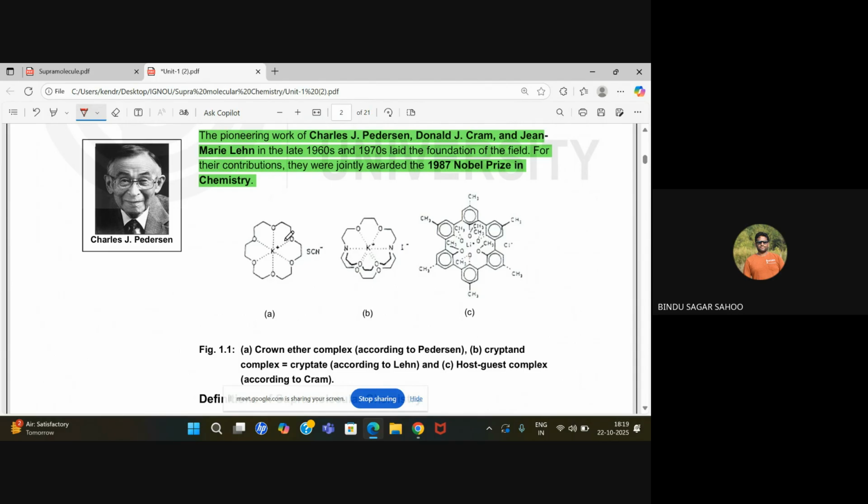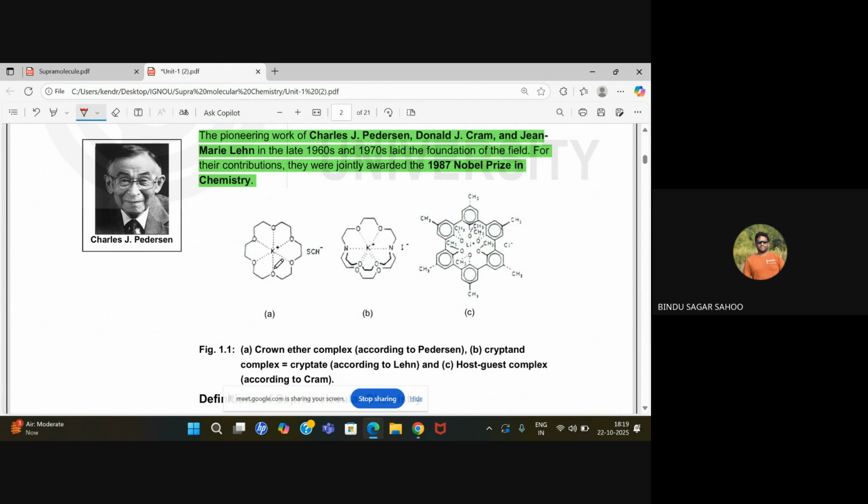In a host molecule, the specific cavity size will be the driving force to occupy any cation. If the cavity size is more and the cation size is less, then it cannot be trapped inside this macrocyclic ligand. So the cation's size should be similar or nearly equal to the cavity size of the host. This is the most important condition.